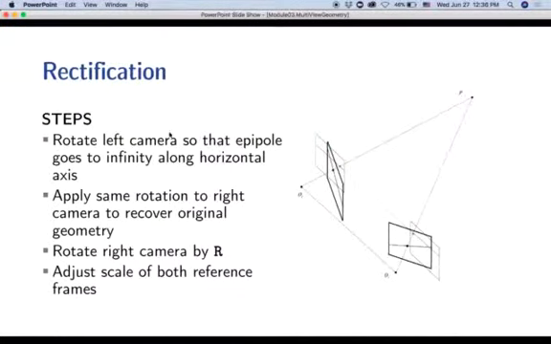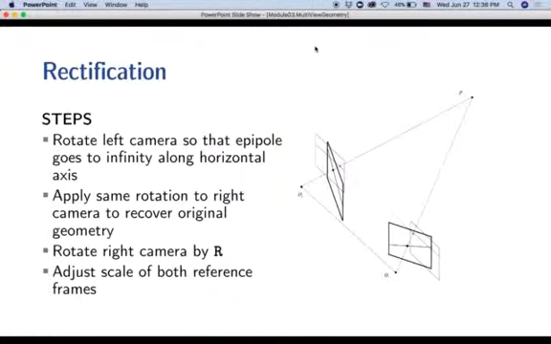The steps for doing that: we first rotate this camera so that the epipole goes to infinity. And how can I do that? It surely is a pure rotation, so it's a conjugate rotation homography, which is a K R K inverse type of homography, because it's a pure rotation of the camera. So I can try to find that conjugate rotation homography which maps my epipole to (1, 0, 0).